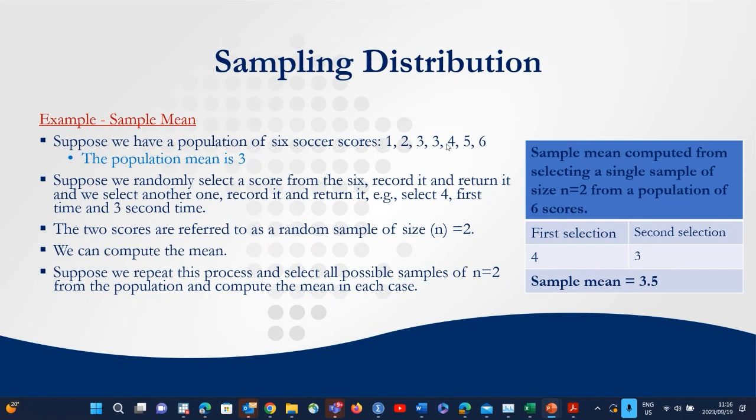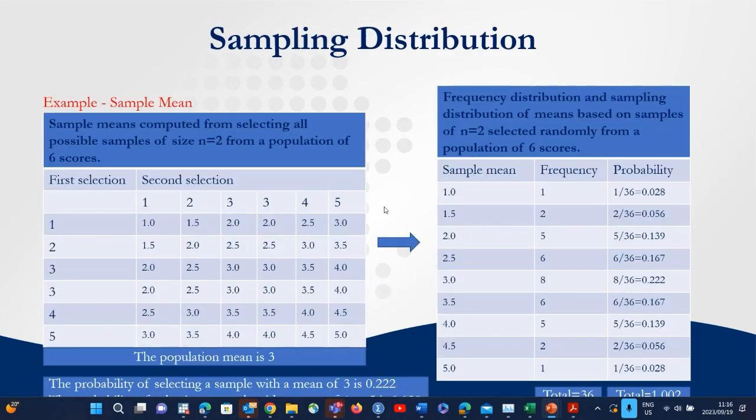So I'm sampling from this population. I sample, I compute a statistic, which is the sample mean in this case. And then I sample again, I compute another average, which is my sample statistic, the sample mean. I can continue in this way.